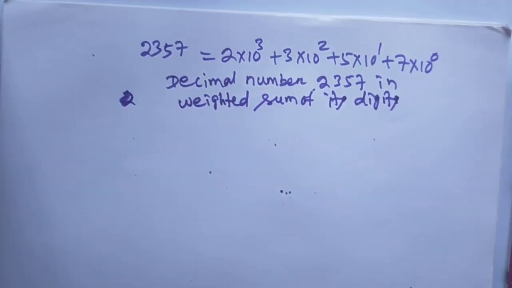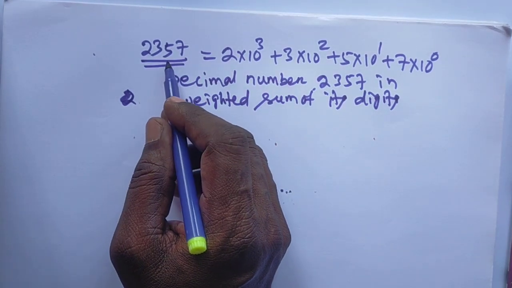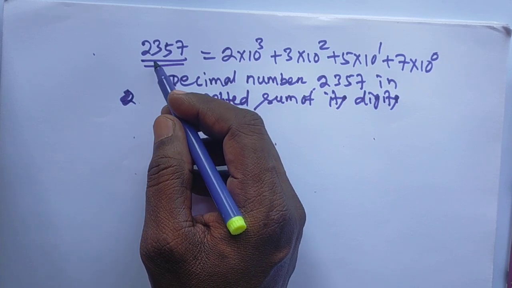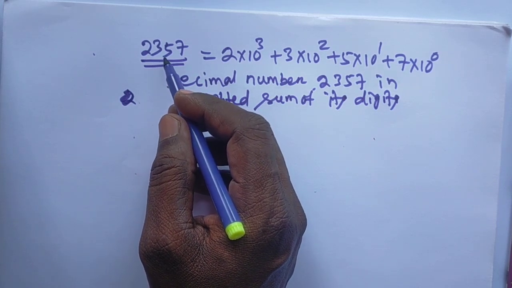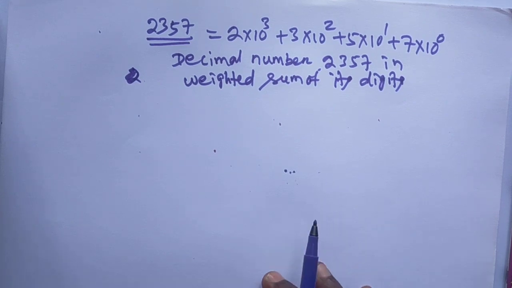If you define it in this way, we can call it a weighted sum of its digits. Here, it is a simple example with only integer digits, but sometimes we can take other values also.